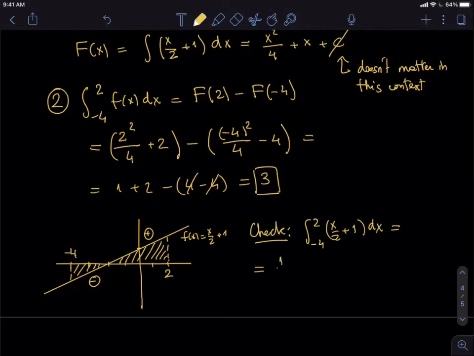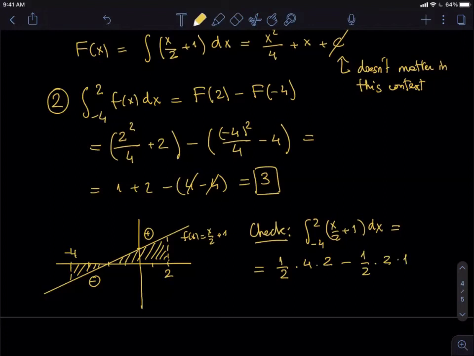So it's 1/2 times 4 times 2. The height here equals 2 because you plug in x equal 2 and you get 2 over 2 plus 1 makes 2. And then subtract the negative triangle, which has a base of 2 units and a height of 1 unit.